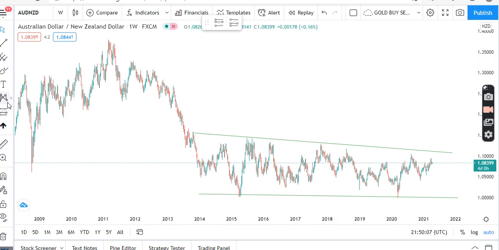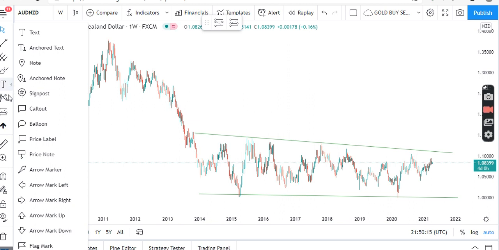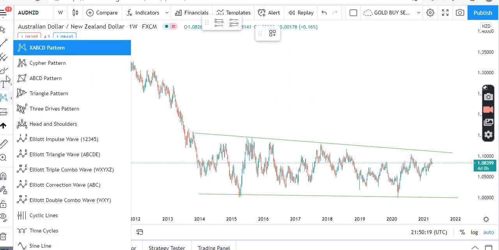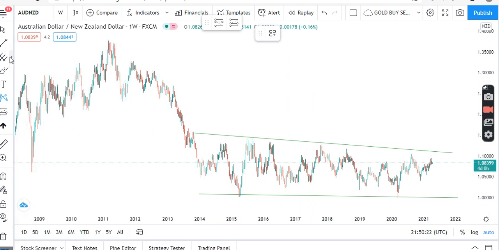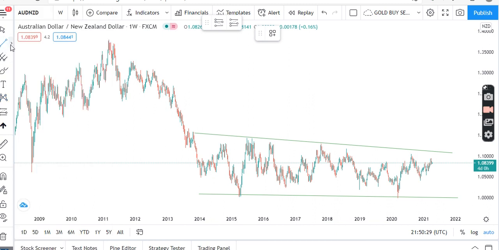Okay, to make it even better, what we can do is add this. Where's our rectangle? I think we can make it look a little bit better by adding some things like a triangle, so that we can make our chart look a little bit cleaner.